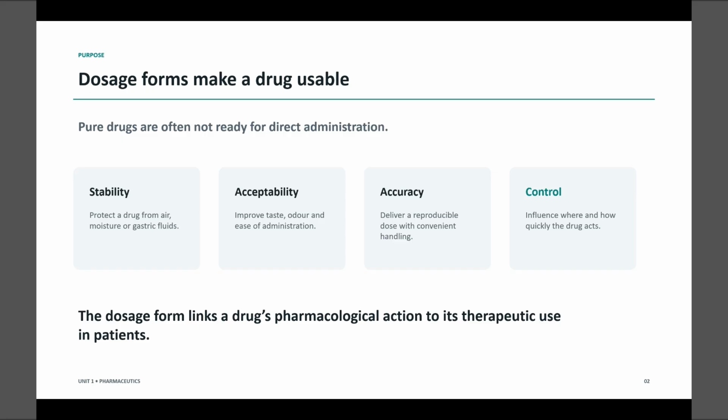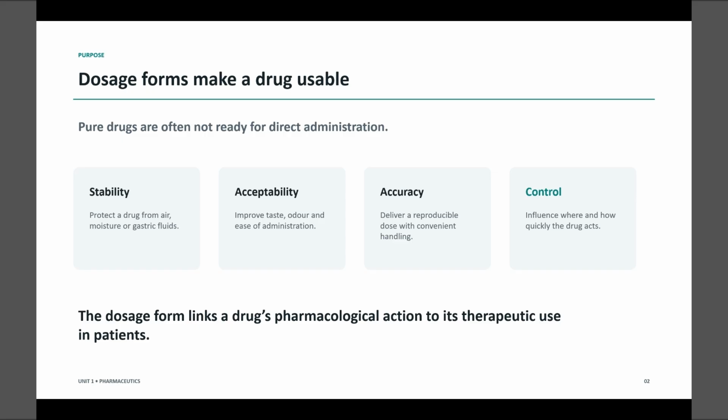So for an acceptable pattern, we convert the pure drug by means of a dosage form, and the drug should be delivered as a reproducible dose with convenient handling. The accuracy of the dose is obtained only by converting the drug into a dosage form.